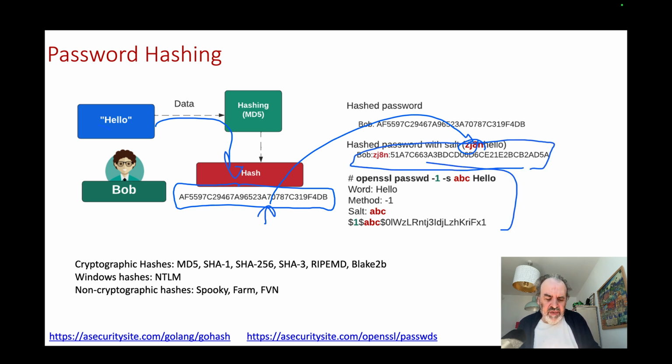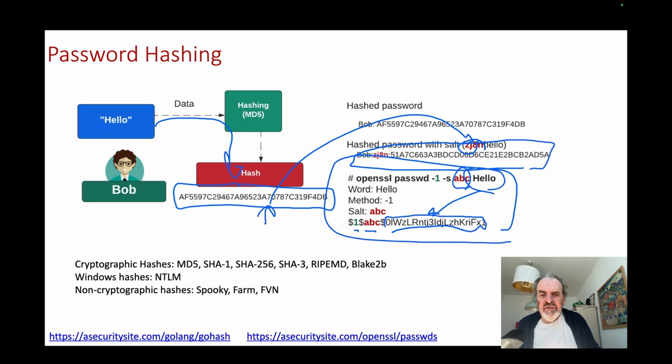We can do this in OpenSSL, where we can add a salt value with our input data and then produce a salted hashed value for this. The format that we have here is the one identifies the method, ABC identifies the salt, and this part here identifies the hashed password with the salt.